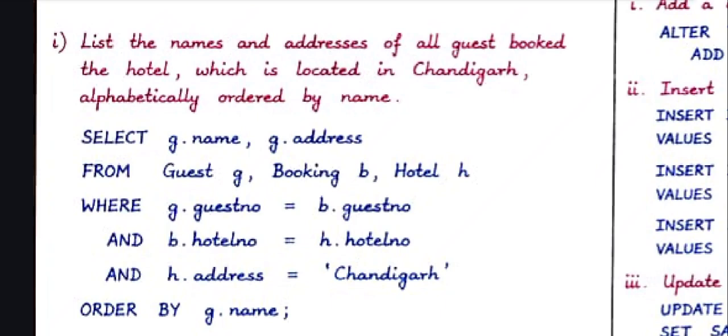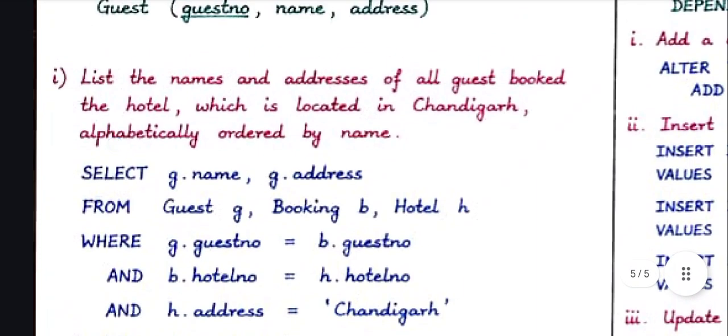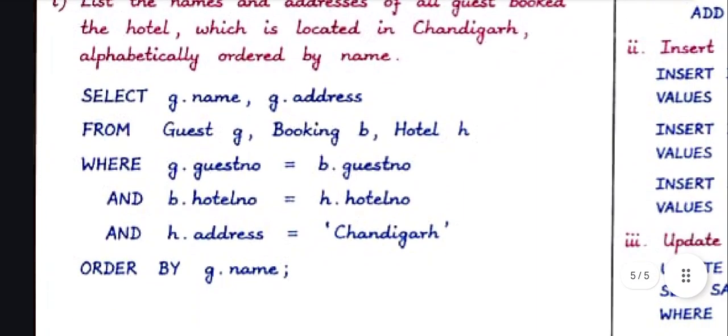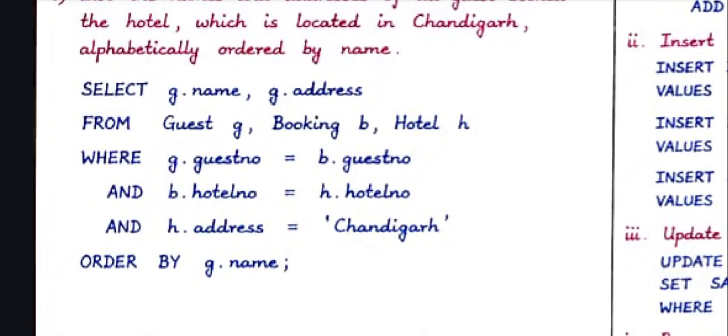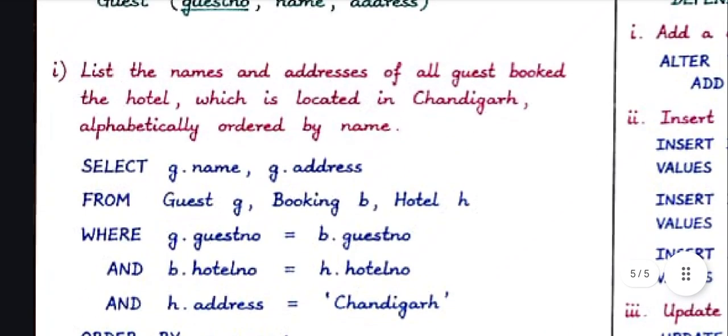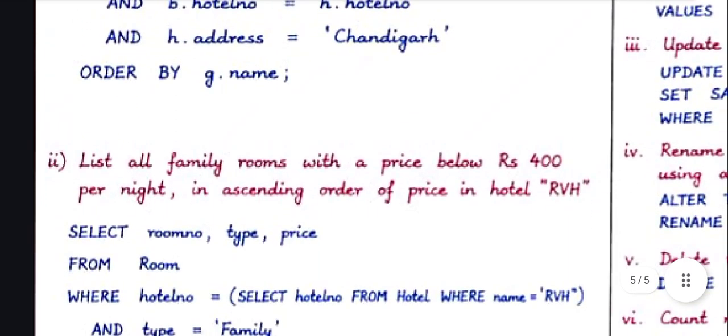So select g.name, g.address from guest G and booking B, hotel H in which g.guest number equals b.guest number, b.hotel number equals h.hotel number, and h.address equals Chandigarh. Order by alphabetical order, so order by g.name.